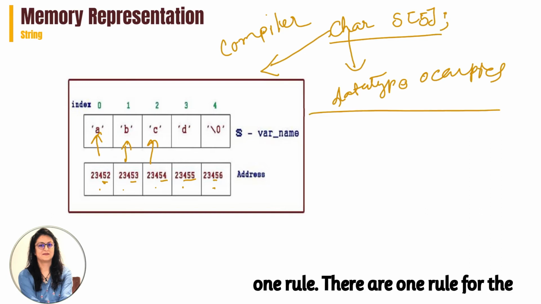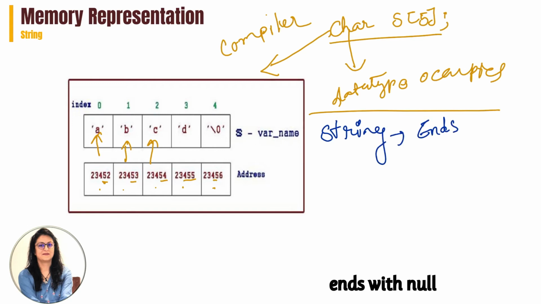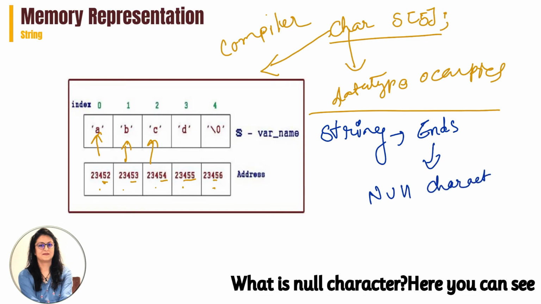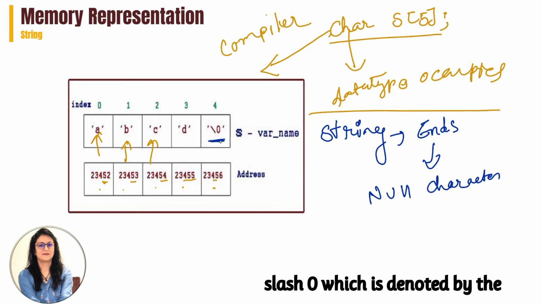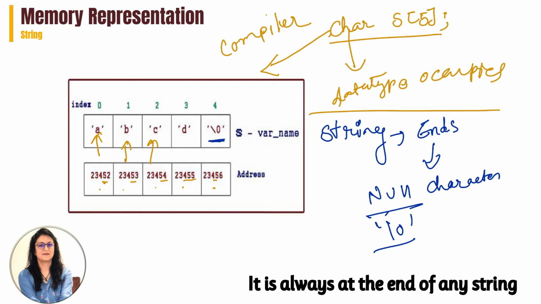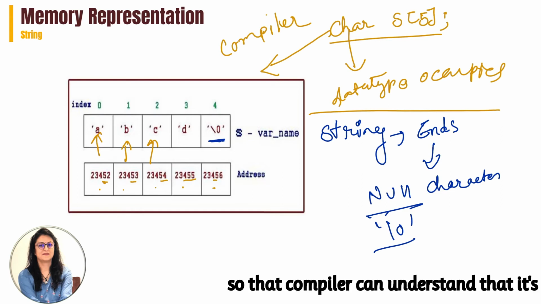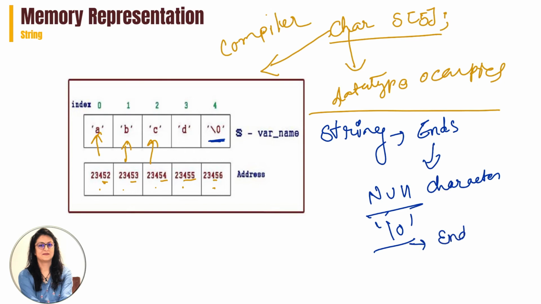There is one rule for the string: a string always ends with a null character. What is the null character? Here you can see \0, which denotes the null character. It is always at the end of any string, so that the compiler can understand that it is the end of the string.